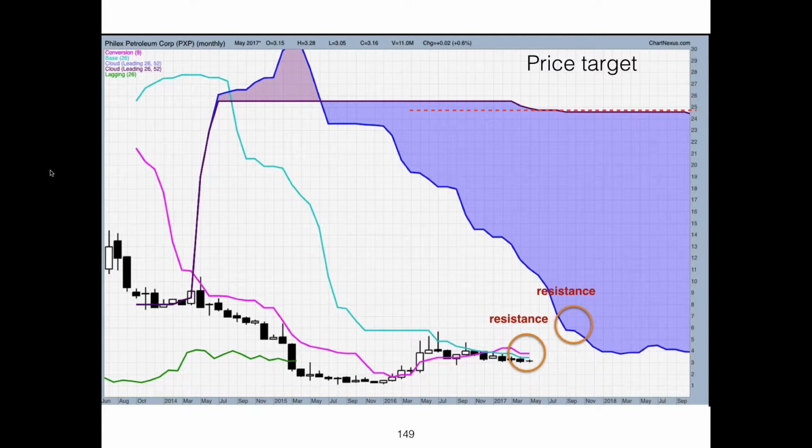Others break above the Kumo, but for example, IMI is not able to reach its price target within the Kumo, but it still has a chance to reach that price target only on a longer time frame. So some stocks reach the Kumo top faster than others. As I said, these are just potential targets. These are theoretical, based on our theory that prices tend to return back to equilibrium.